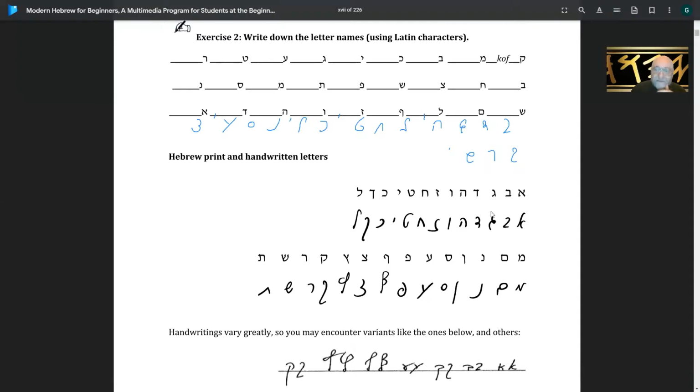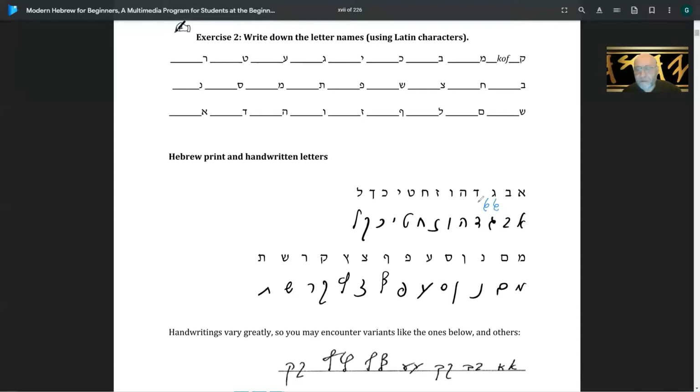The only thing that I messed up on was these two here. We'll try a little bit more exercise on Gimel. Okay, Gimel.